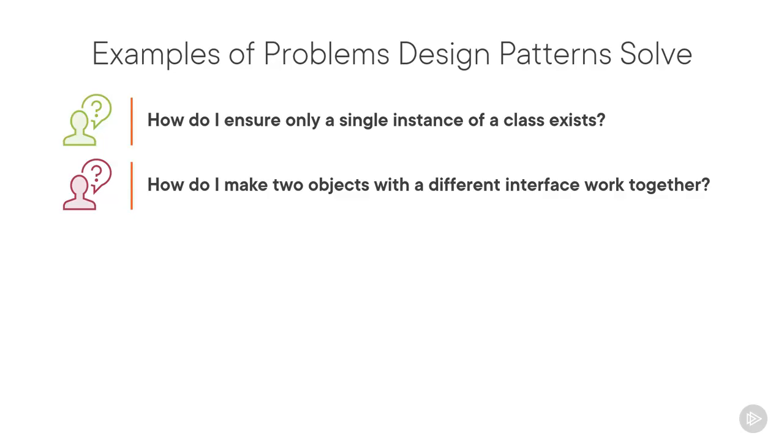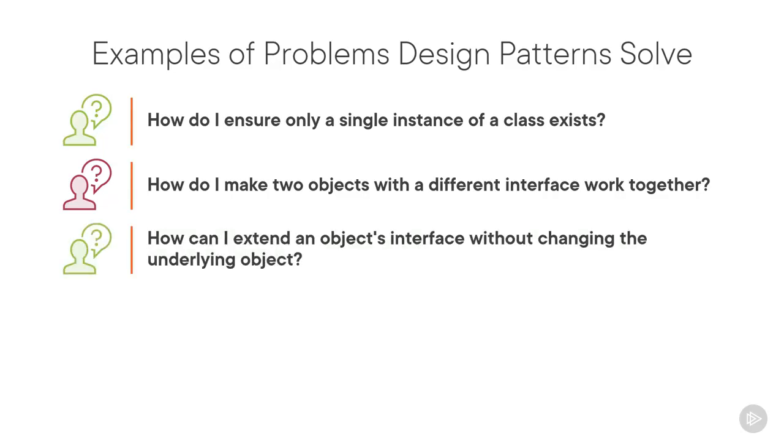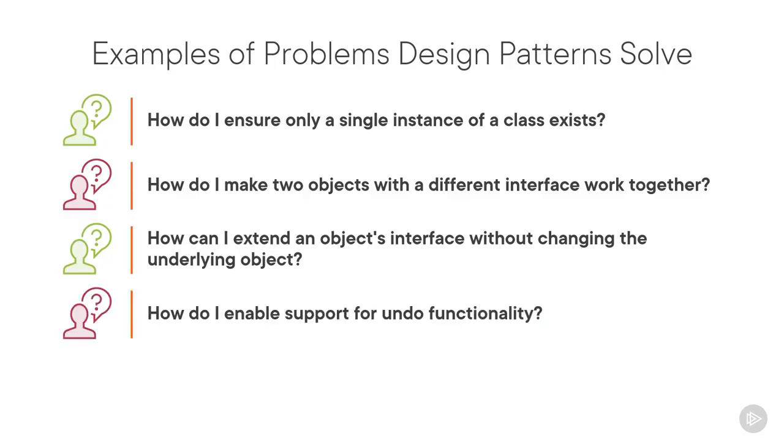How do I make two objects with a different interface work together? How can I extend an object's interface without changing the underlying object? How do I enable support for undo functionality? And many, many more.